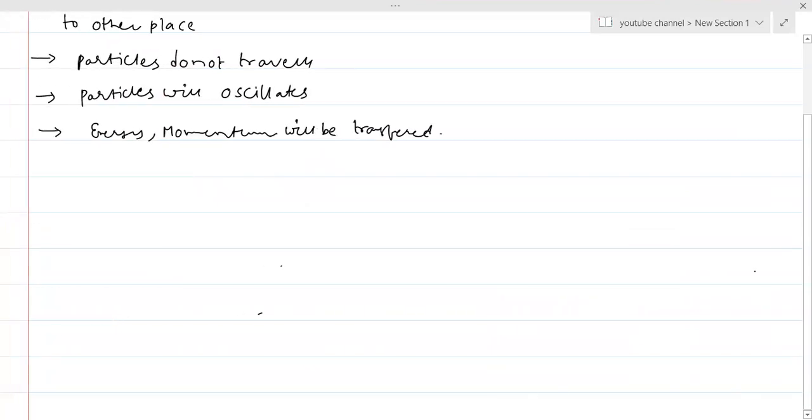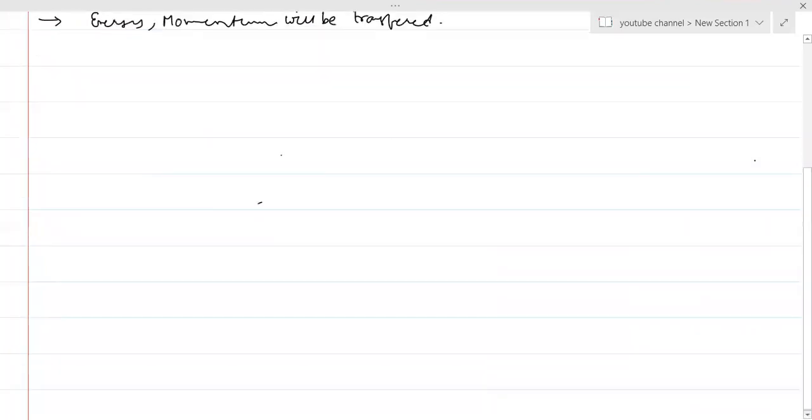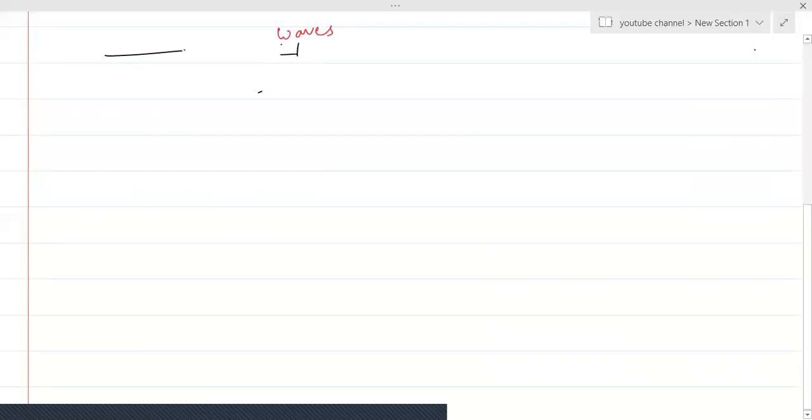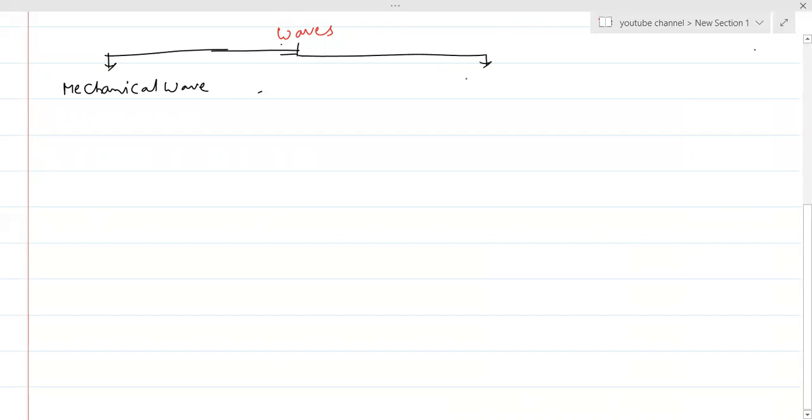Now we will see the classification of waves into different categories. Waves are divided into two categories. The first one is mechanical wave and the second one is non-mechanical wave.